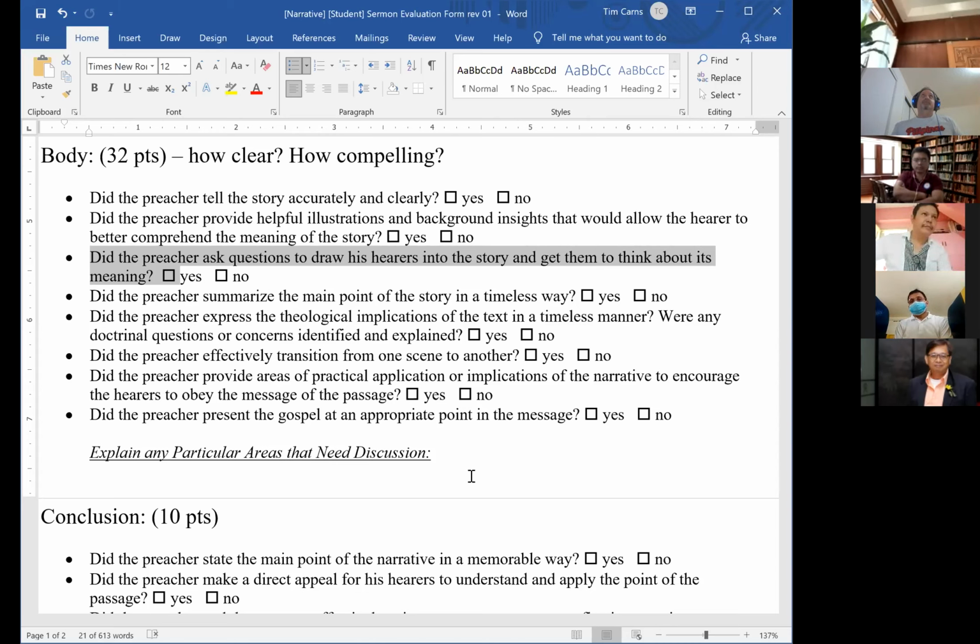Again, you're not just telling the story, but you're also helping the people learn how to read biblical narrative. All right. And they will learn from watching how you preach these stories. They'll learn how then to read narratives.